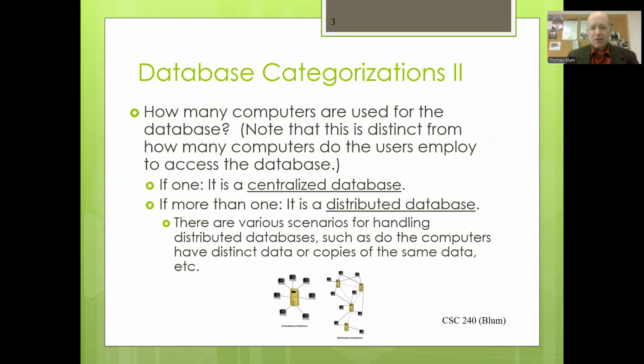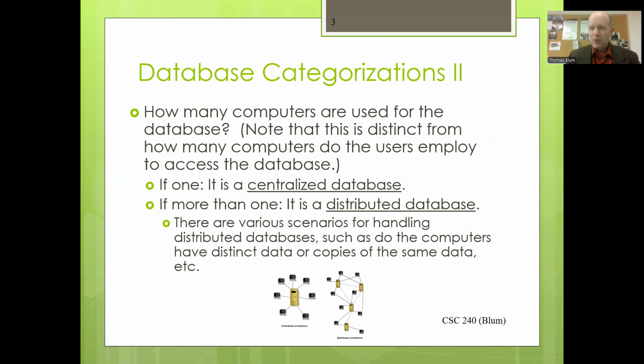Okay, another way to categorize a database is how many computers it is physically on. In some sense it won't affect the way people use the database, but it will affect the way that it is implemented. So it might be a centralized database.